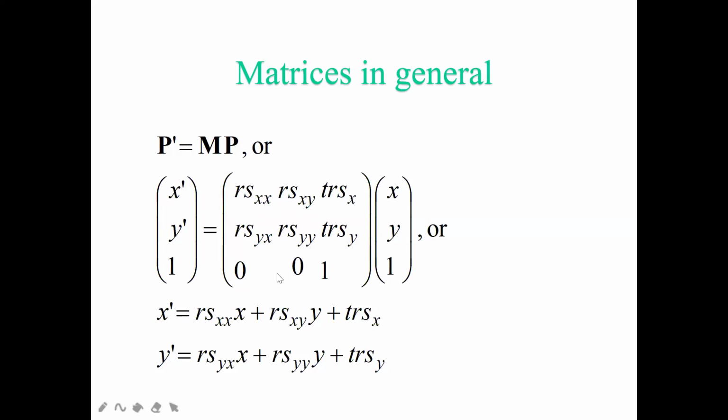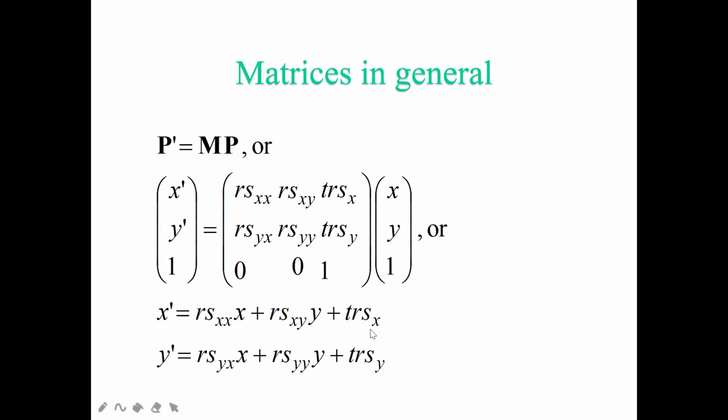Then in your homogeneous coordinates you can write the 1, and in your last row you are going to write 1. In that way you will get your value of x dash. How are you going to get it? So rsxx into x, plus rsxy into y, plus trsx into 1.